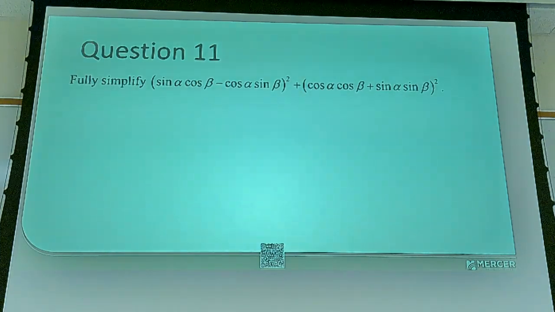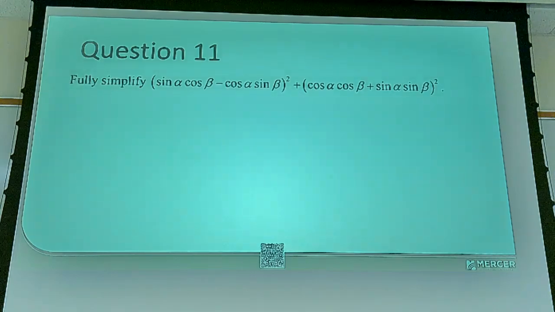This one just looks hideous. What you could do is expand each of those terms, right? Well, why don't we try to do this instead?